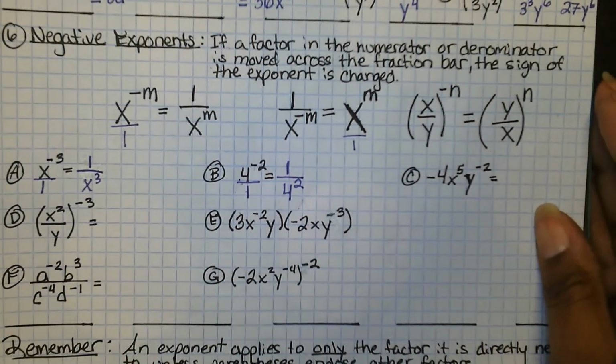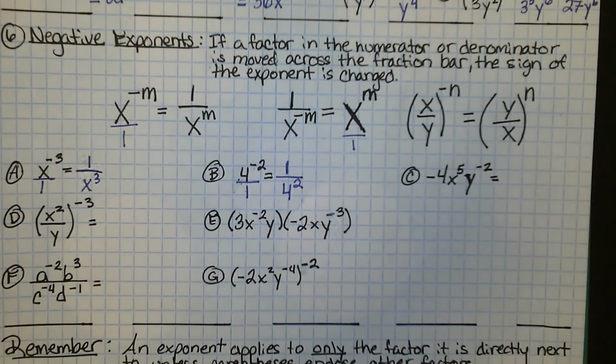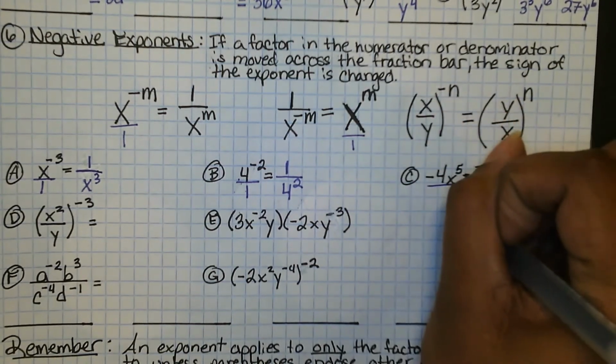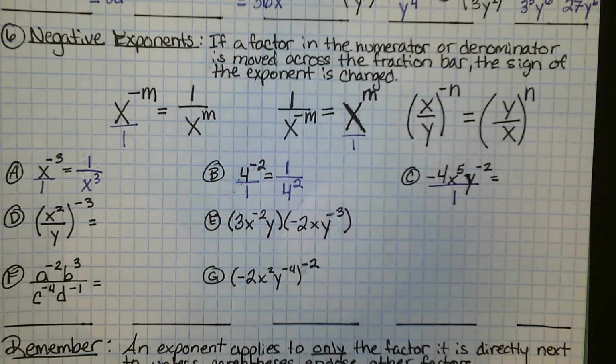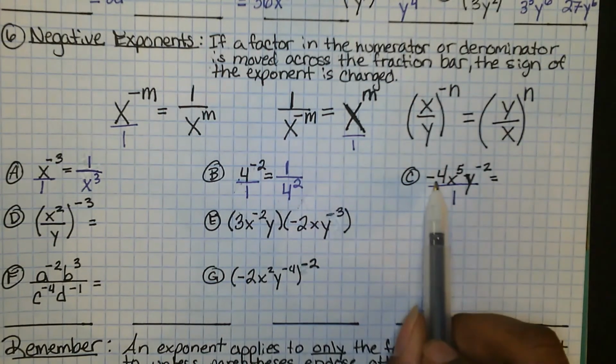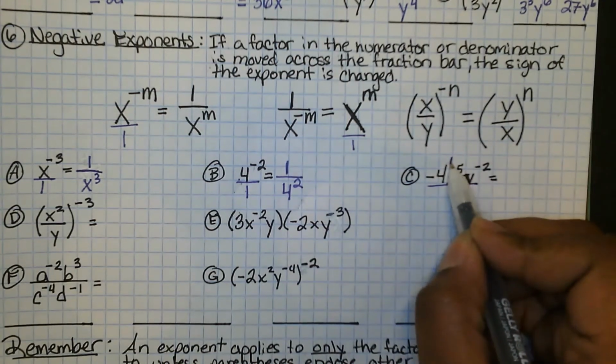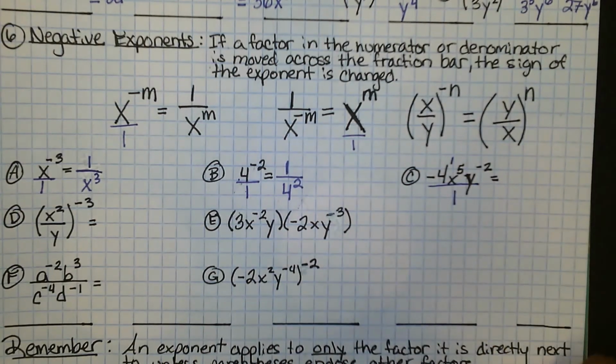Now example C, or the third example, you look at what base is the negative exponent attached to. This whole thing is over 1. To point out, the negative 4 has an exponent of a positive 1. So that one's in the correct spot.